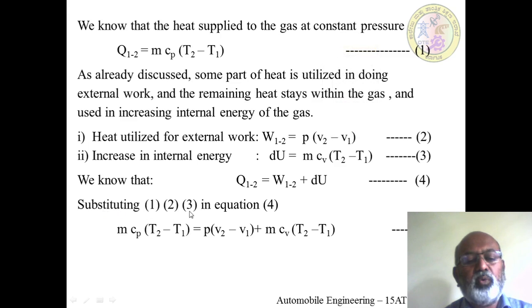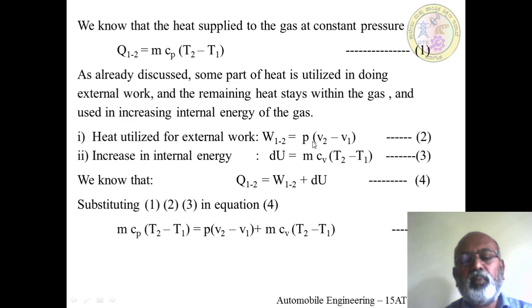Substituting 1, 2, 3 in 4. So what is Q1-2? That is m Cp (T2 − T1) on the left hand side. On the right hand side, it is W1-2 and dU.